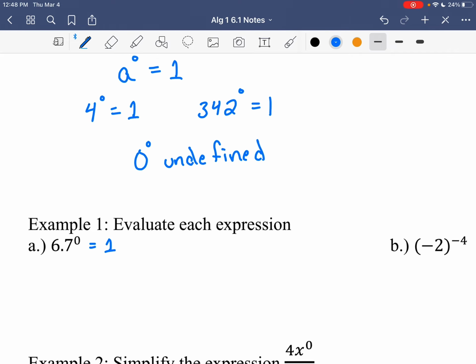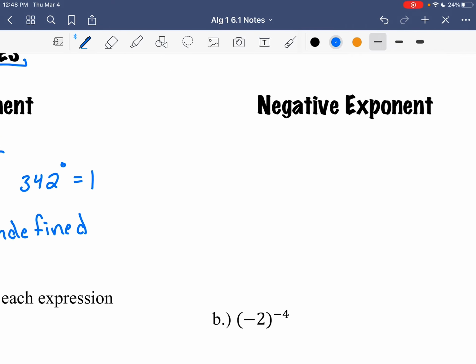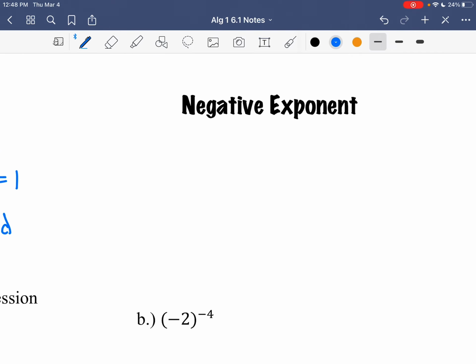All right, now the next rule is a negative exponent. Any base to a negative exponent is equal to the reciprocal. Whenever I see this negative exponent, I think reciprocal.